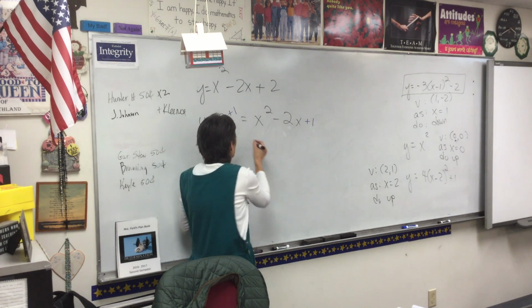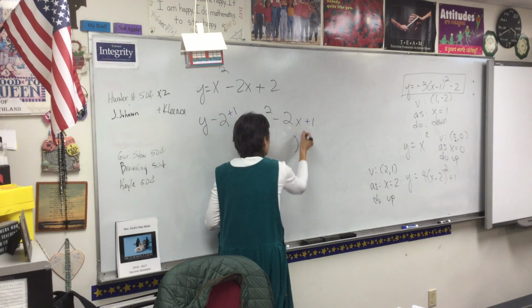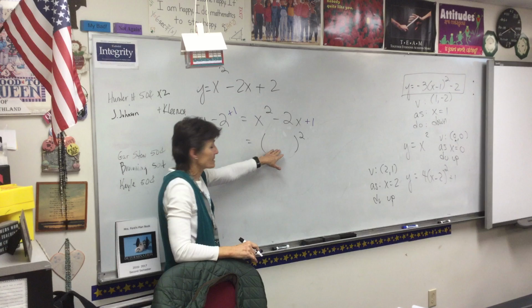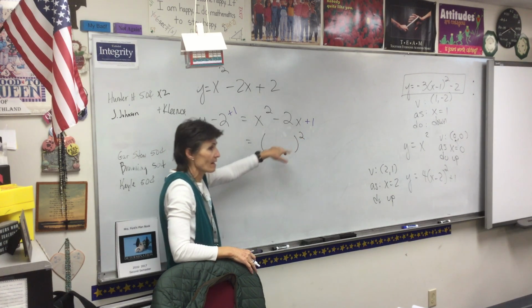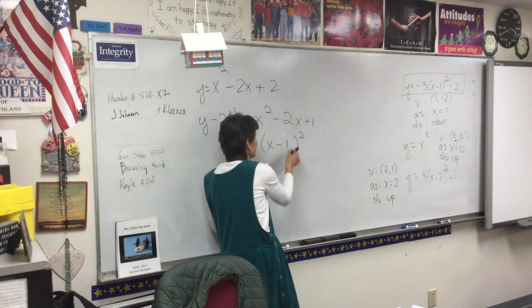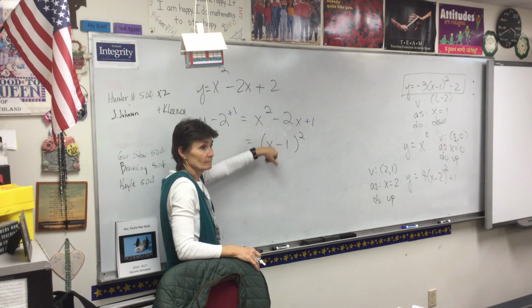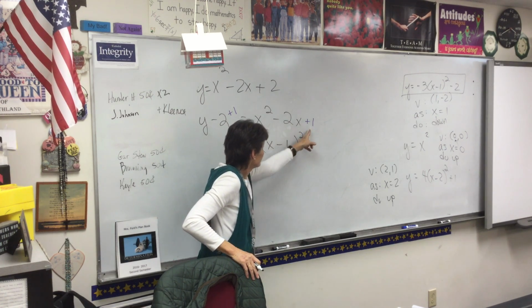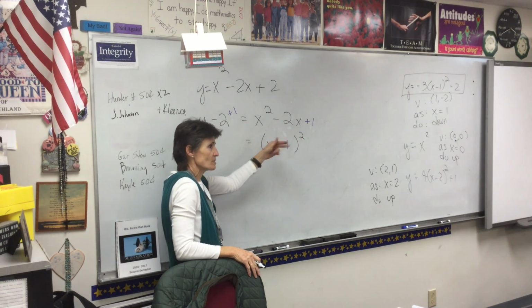Now, I did that because this should factor into a parentheses like that. In fact, it's going to factor into that very parentheses, because isn't this x minus 1 times x minus 1? We did all this earlier in the year.